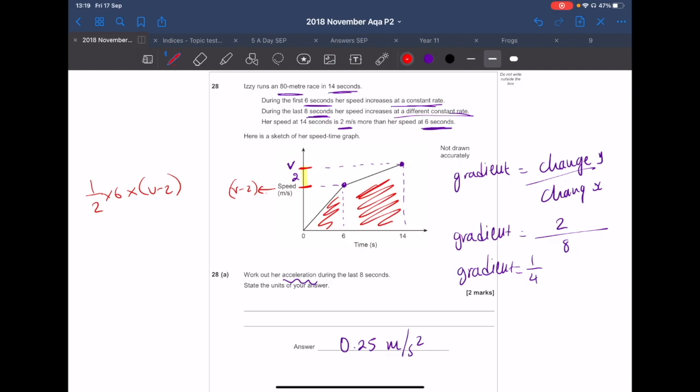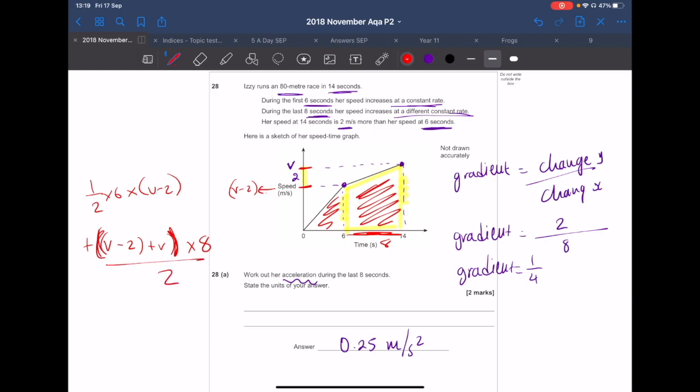And then we've got this shape here, which is a trapezium. Which are the parallel sides? Well, these two are the parallel lines. So we can have plus, the parallel sides are v take away 2 add v, times by your height, which is 8, divided by 2.